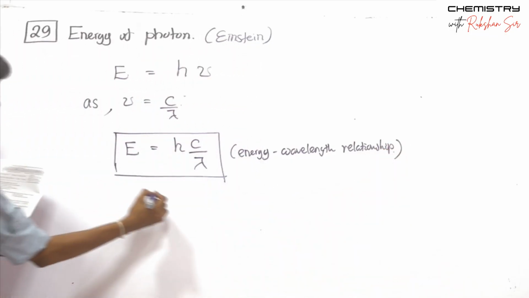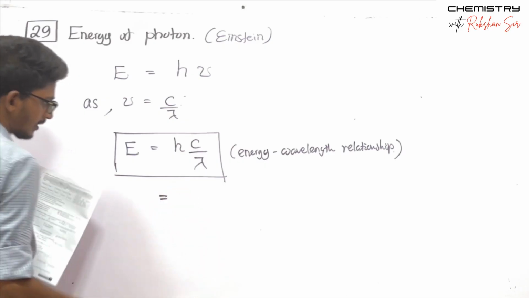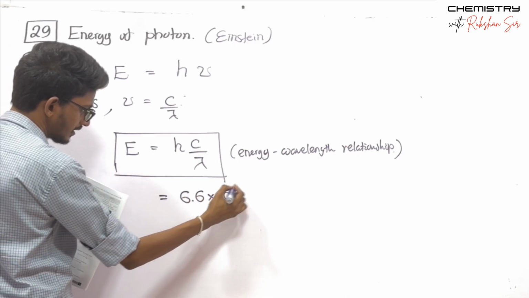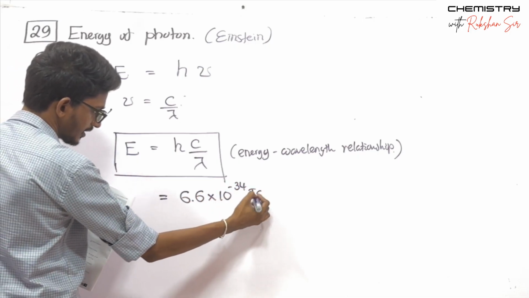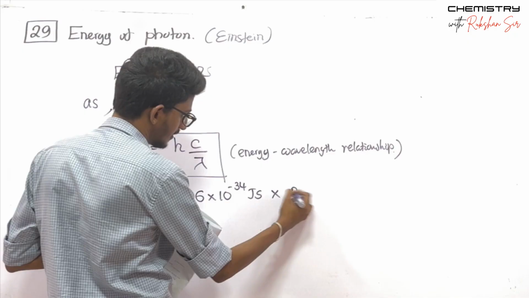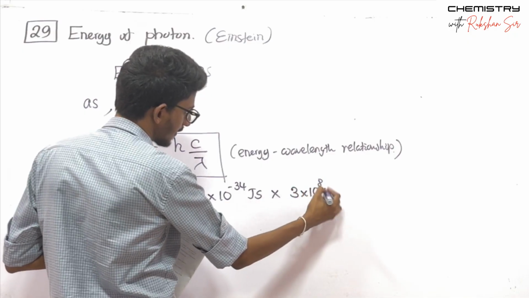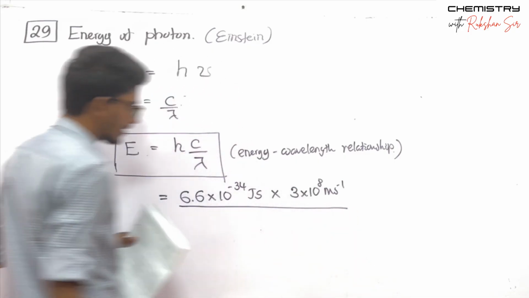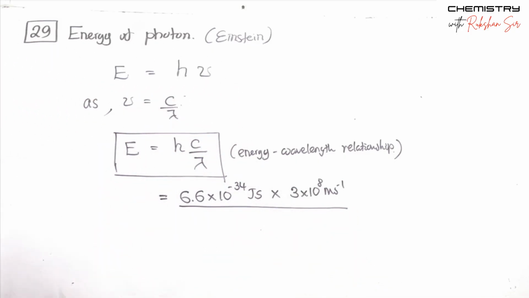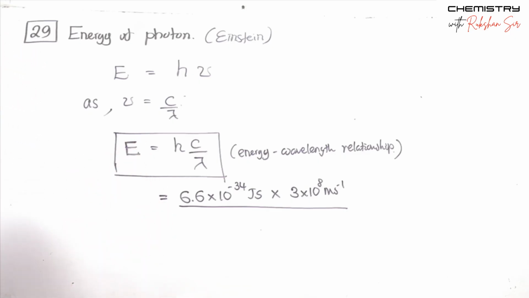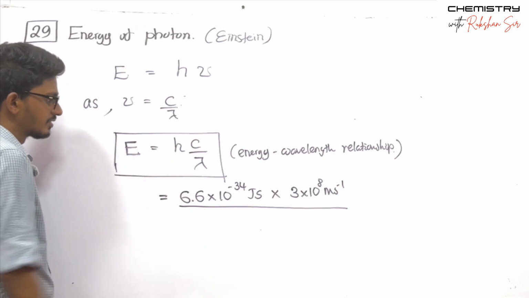So h is the Planck constant, which is 6.6 × 10⁻³⁴ joule seconds. c is another constant, the speed of light, which is 3 × 10⁸ m s⁻¹. Lambda: normally we are supposed to substitute the values in SI units.